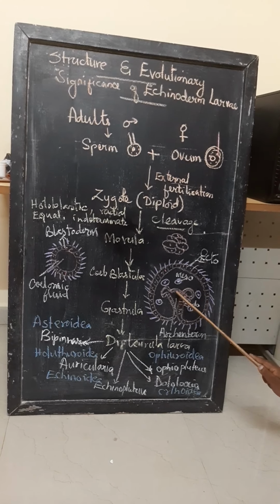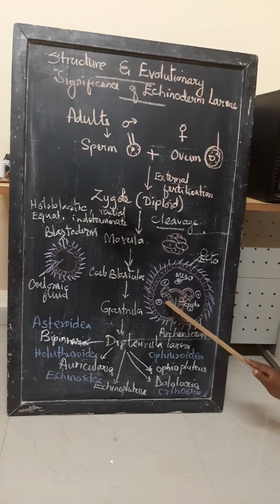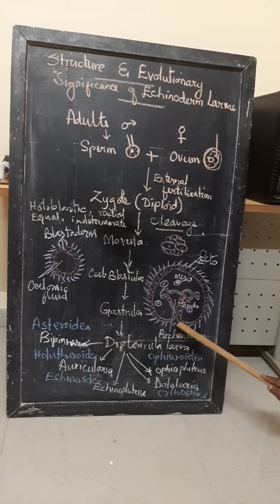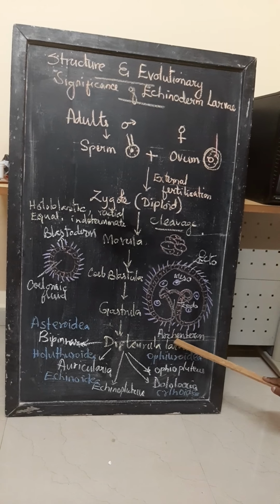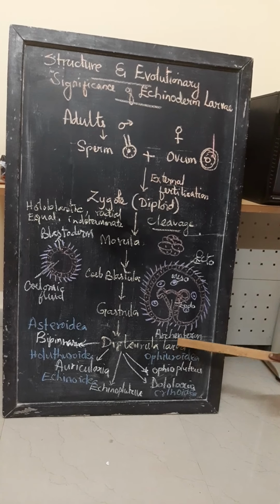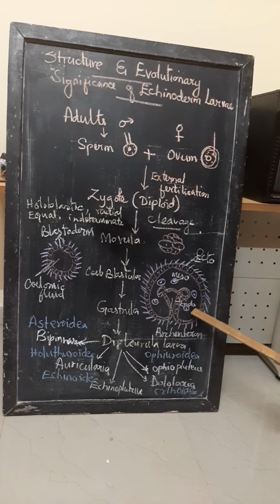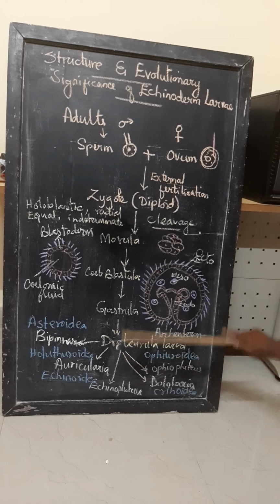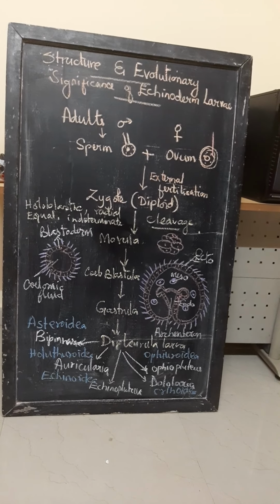Students, remember this particular cavity that the invagination of endoderm encloses is called archenteron, and the opening of this archenteron towards the outer environment is called the blastopore, which is responsible for the formation of the anus in the developmental stages. So after gastrula, then comes the indirect developmental aspect of the echinoderm larvae.